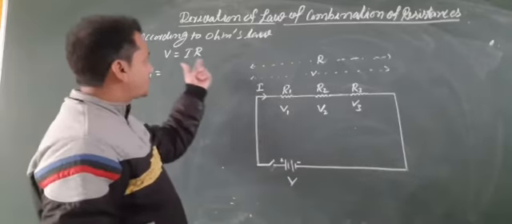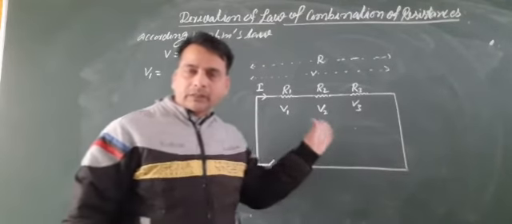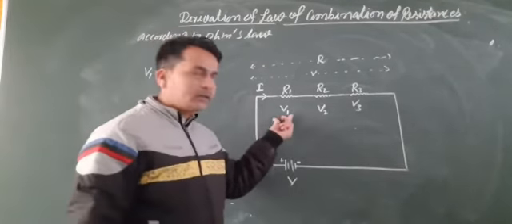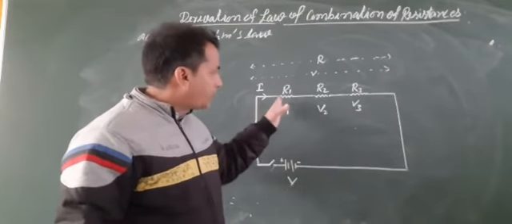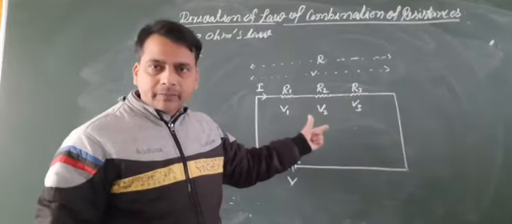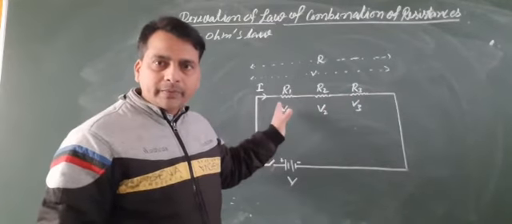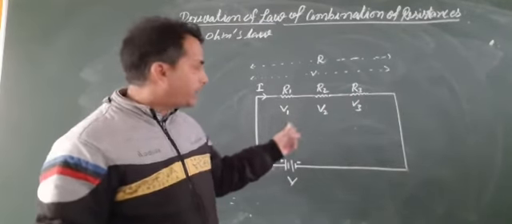Applying Ohm's law on resistor R1: since R1, R2, R3 are in series combination, the net current will be the same in each resistor.